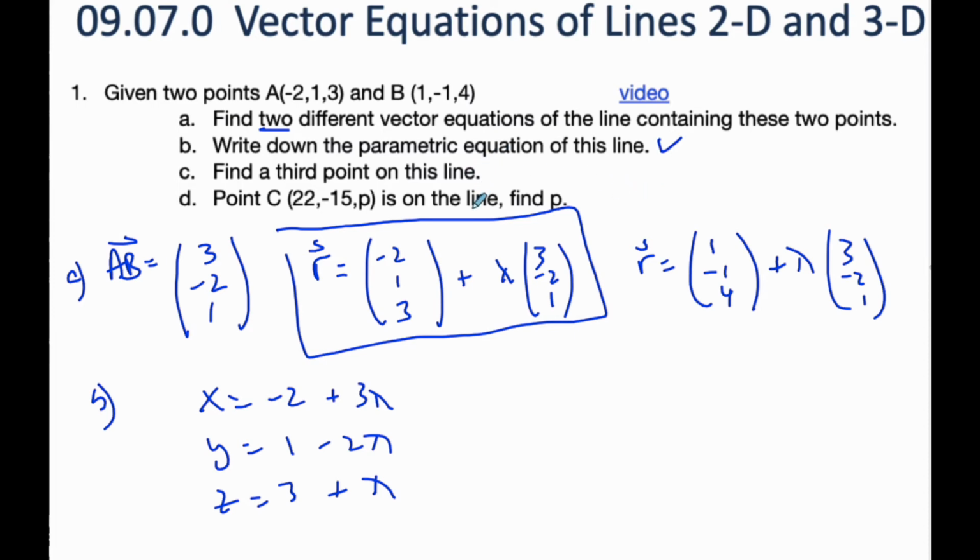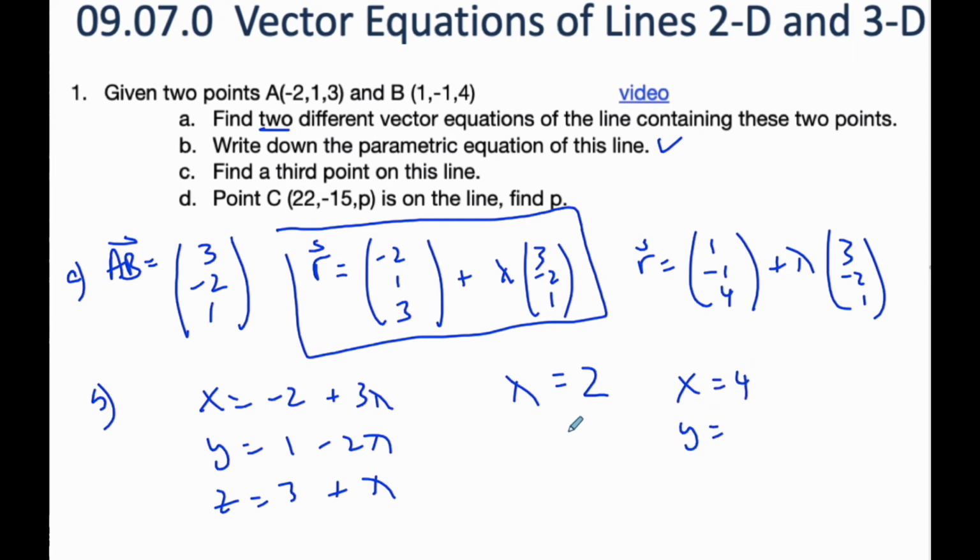Finding a third point, well, if I utilize my equation here, I can let lambda be any value I want. If I let it be 0, I'm going to end up with this point. If I let it be 1, I'm going to end up with this point. So let lambda be, let's say, 2. If lambda is 2, my x value would be -2 plus 6, which is 4.